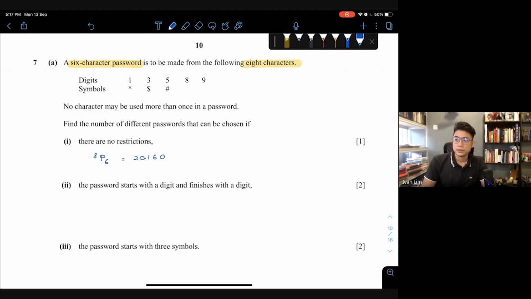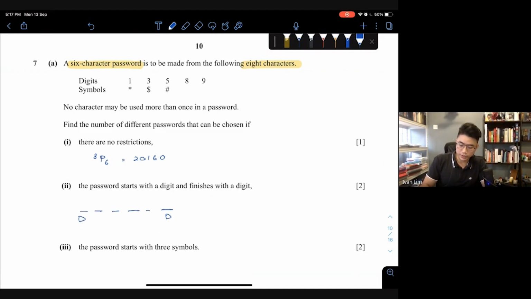Second one, the password starts with a digit and finishes with a digit. So 1, 2, 3, 4, 5, 6. Starts with digit, ends with digit. So if at the start, how many digits do I have? 5P1.